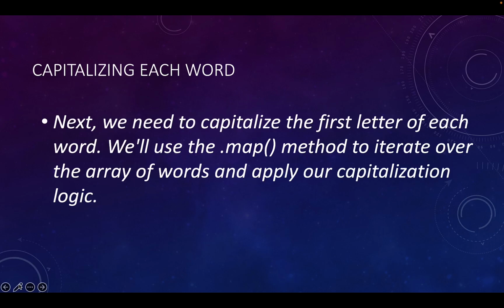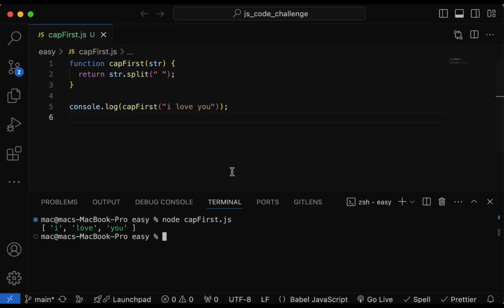Next, we need to capitalize the first letter of each word. We'll use the .map method to iterate over the array of words and apply our capitalization logic. Now, let's capitalize the word by making use of the .map method, and we return not just the array.